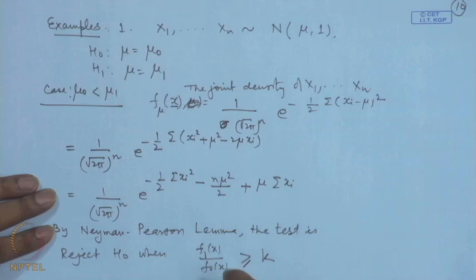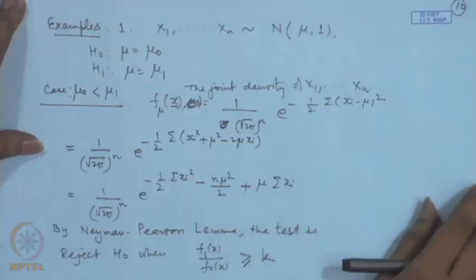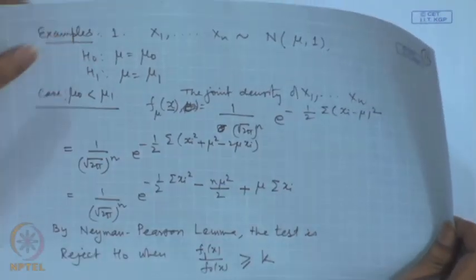We may put greater than or equal to or greater, it will not make any difference in this case, because the distribution of x is continuous here. We are dealing with the normal distribution. So, the middle part of the phi function which is given in the Neyman Pearson lemma is not required in this case.